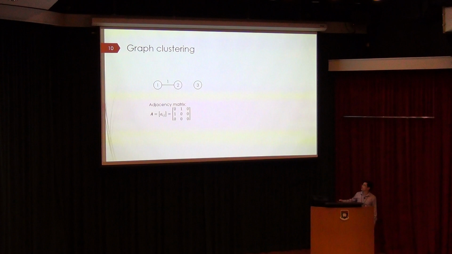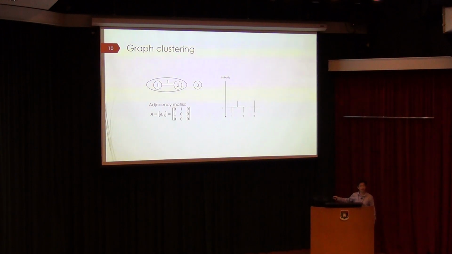So how should we group nodes into clusters? It is obvious that we should put 1 and 2 together because they are related by an edge. Okay? So the partitional method should give you this result. And what about the hierarchical solution? Well, of course, for the hierarchical solution, we should also group 1 and 2 together. We can also give a similarity threshold to say that 1 and 2 will combine into a cluster at a similarity of 1.